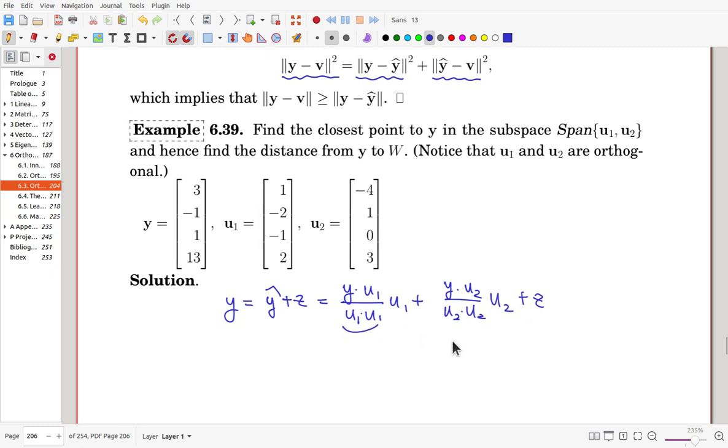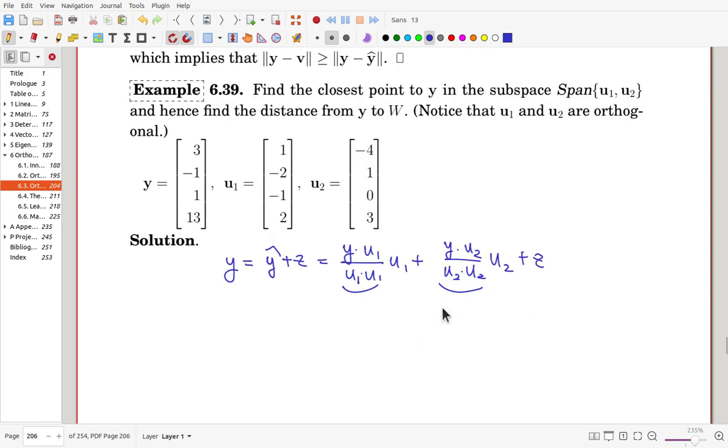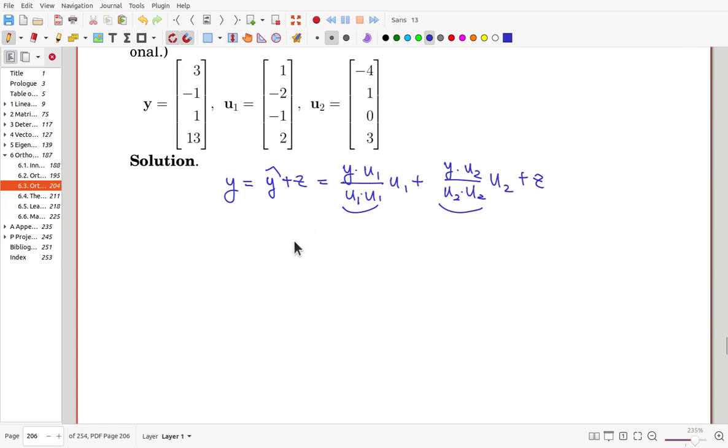That is alpha 1 and alpha 2. Let's try to get alpha 1 and alpha 2.